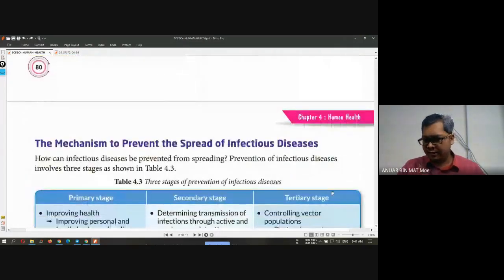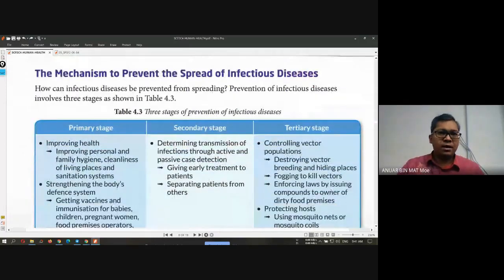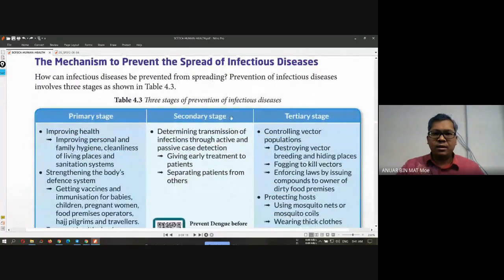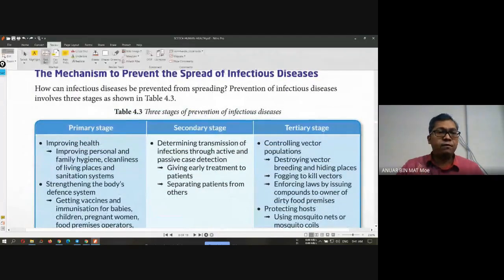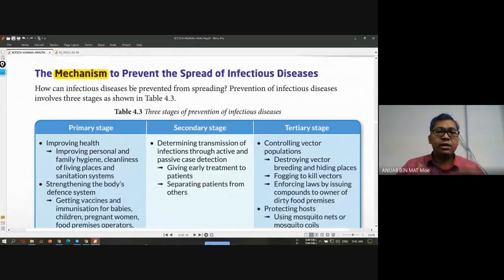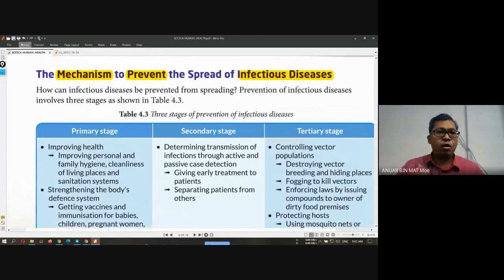Okay, next one, last one. The mechanism to prevent. Mechanism is the way to prevent, to avoid the spread of infectious disease. Like now, for example, class, COVID-19 disease. Always remind the SOP.